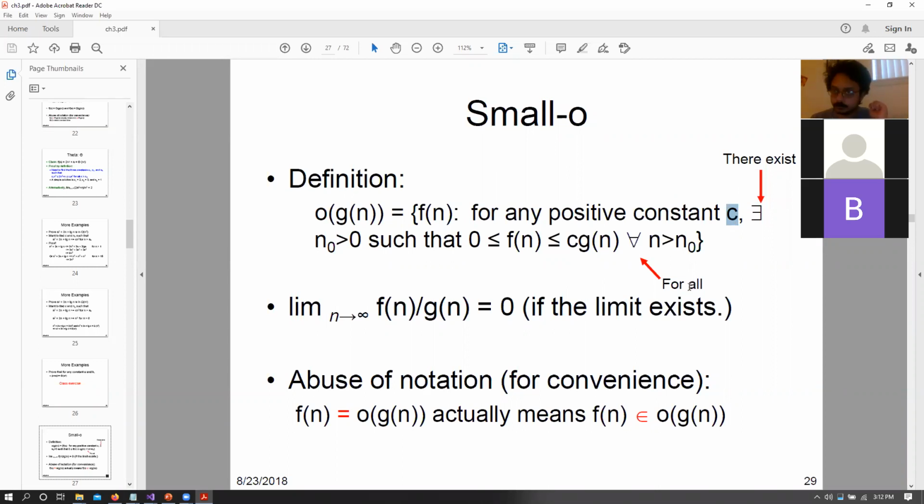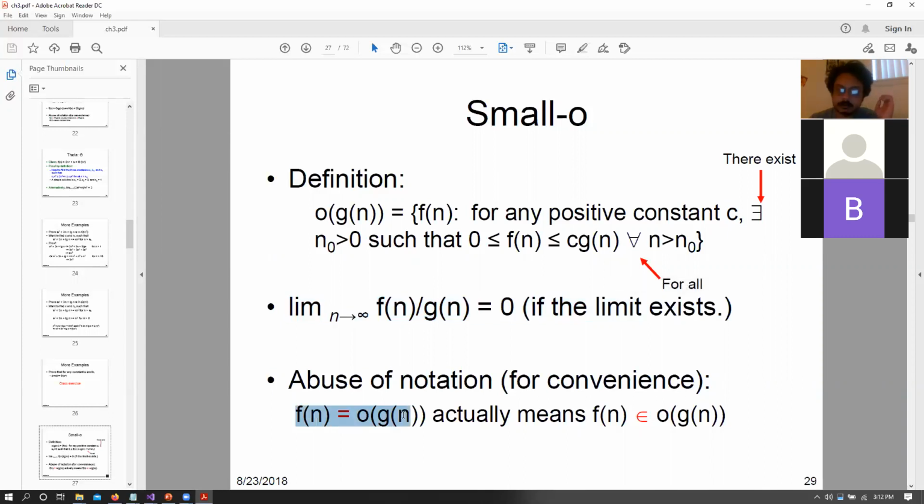Right? So you can think about this as, if we have the equation n squared, then n squared is little o of n cubed, because for any constant times n squared, n cubed will always grow faster. Right? So the limit for this is, limit as n tends to infinity of f of n divided by g of n equals 0, if the limit exists.